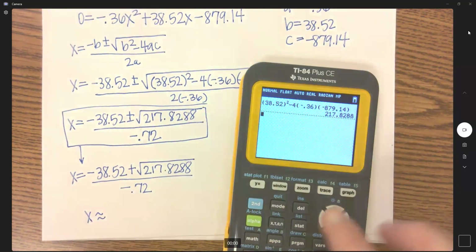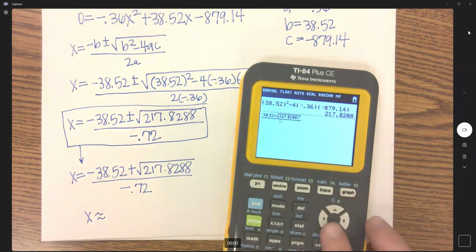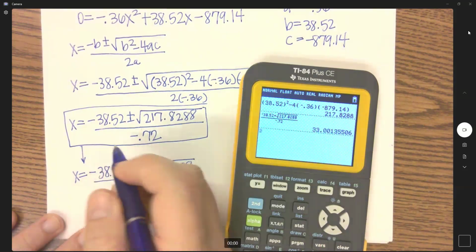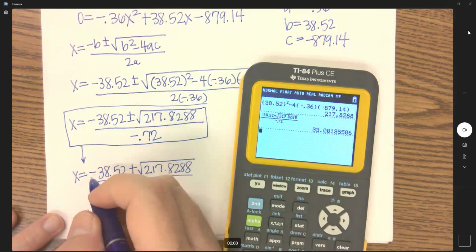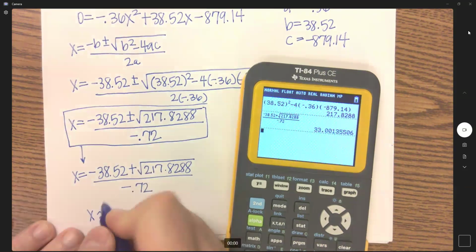So I'm going to use my n over d here. So we get about 33.